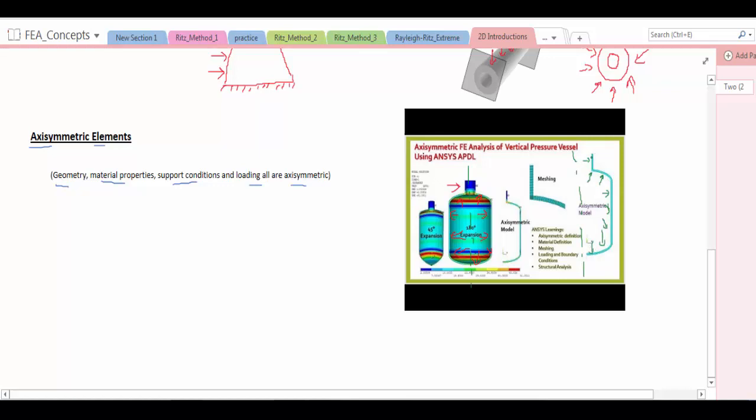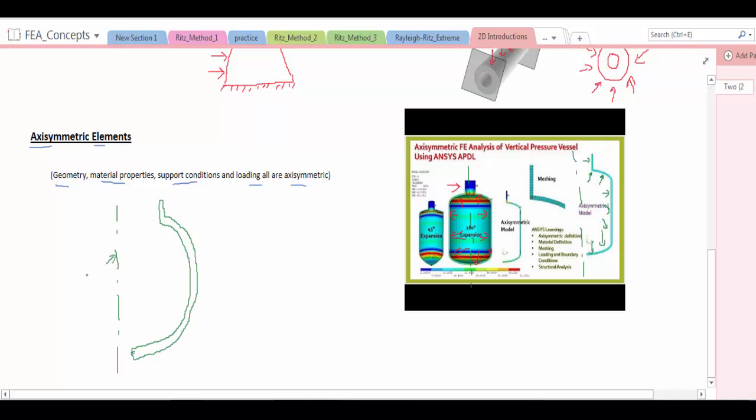The geometry, this cross-sectional geometry, is symmetric with respect to its 360 degrees. So let us draw an axis here, the same problem. This cross section is constant throughout with respect to its axis.